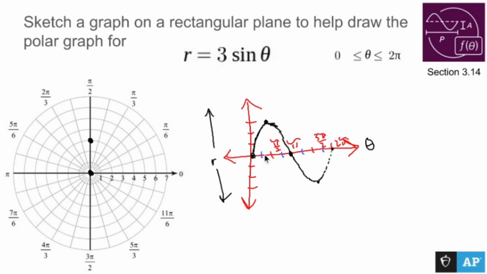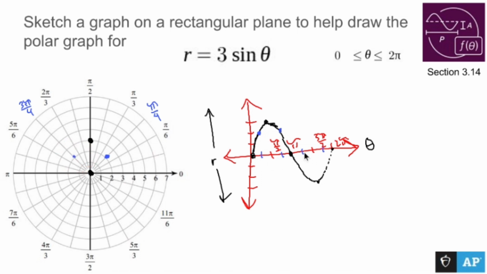At pi over 4, I'm at the 2-ish range, give or take. At 3 pi over 4, I'm also at the 2-ish range because this is sinusoidal and whatever it does over here, it has symmetry.